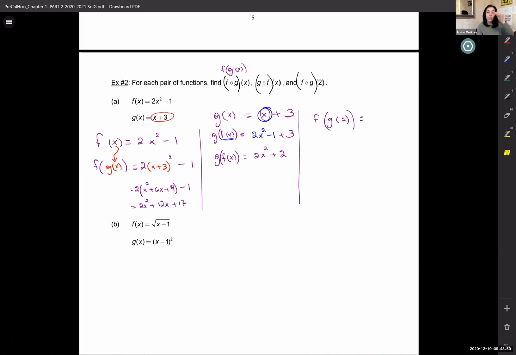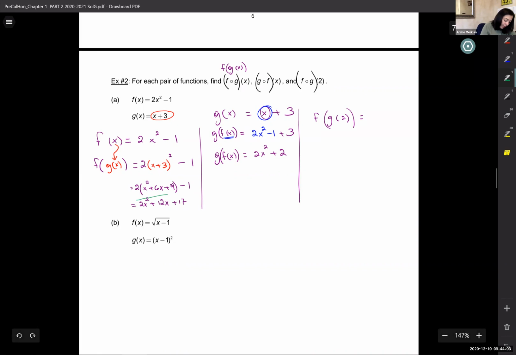There are two ways to do this. One is, here we found f of g of x, so you can just plug in the 2 here if you've already found it before. But suppose you hadn't found that one before, and you're starting fresh with f of g of 2. The best way to do it is to start from the inside, g of 2.